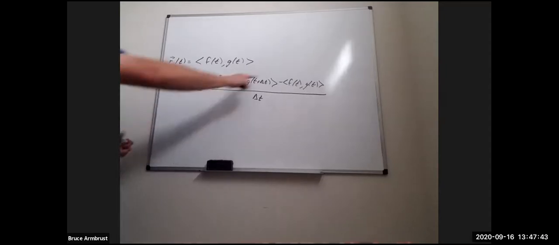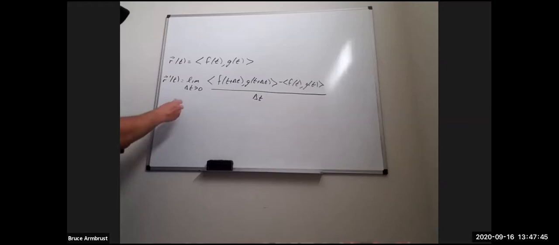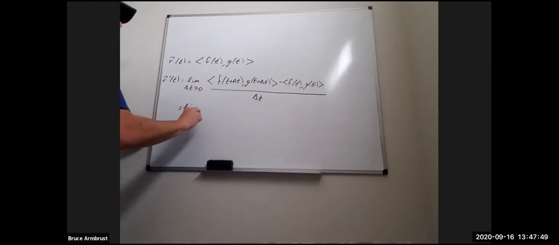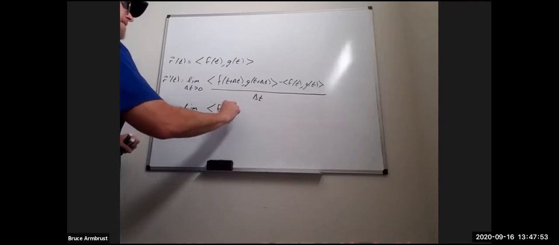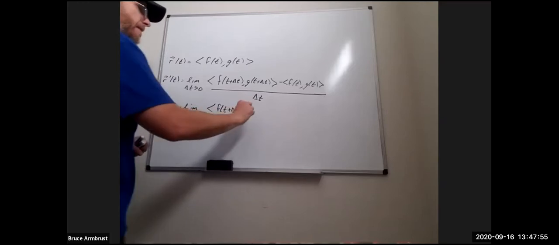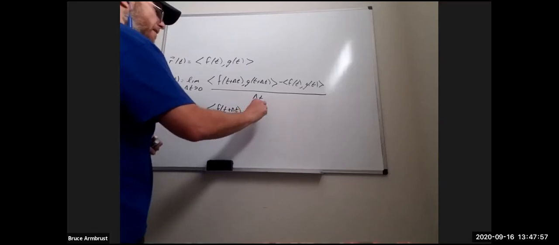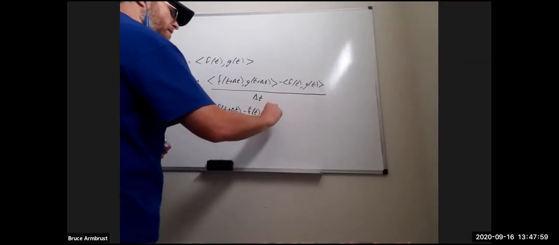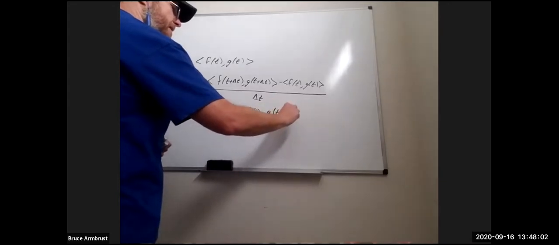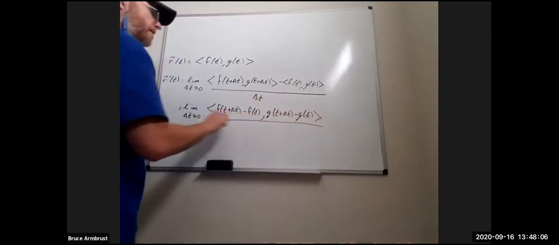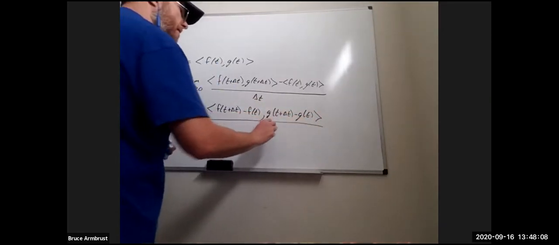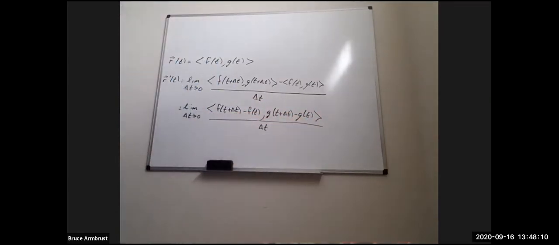All right, so let's do the subtraction of vectors on top. So we saw last time, I reminded you that the way we do that is just to subtract components. So we're going to get f of t plus delta t minus f of t, comma, g of t plus delta t minus g of t. And again, that's all divided by delta t.